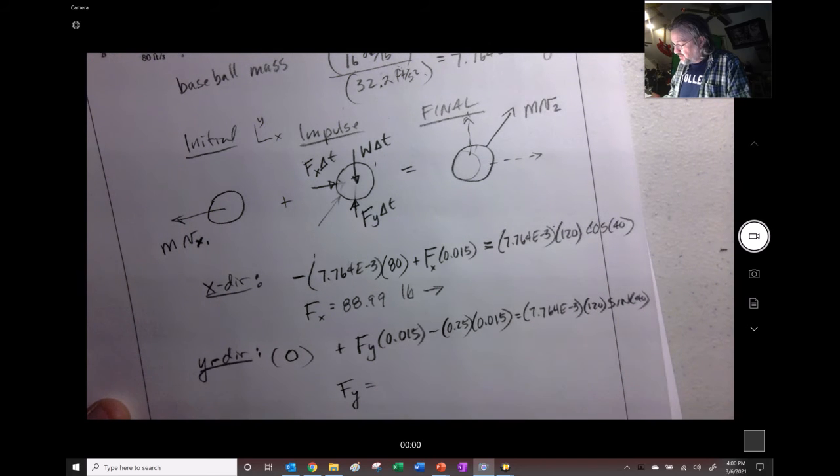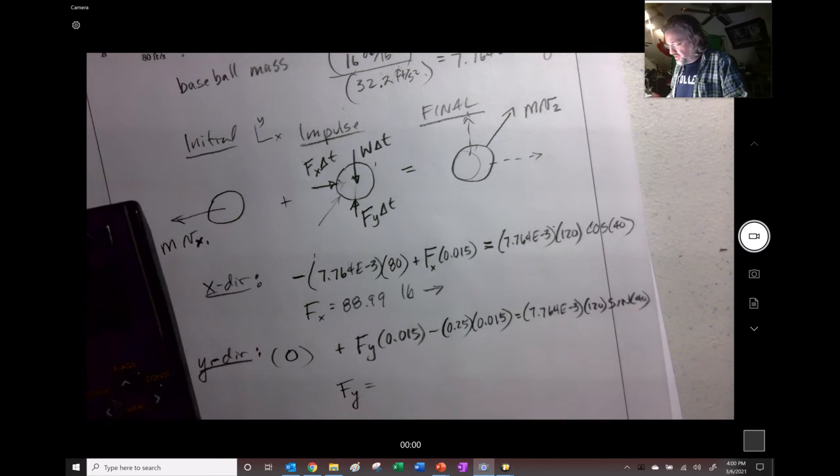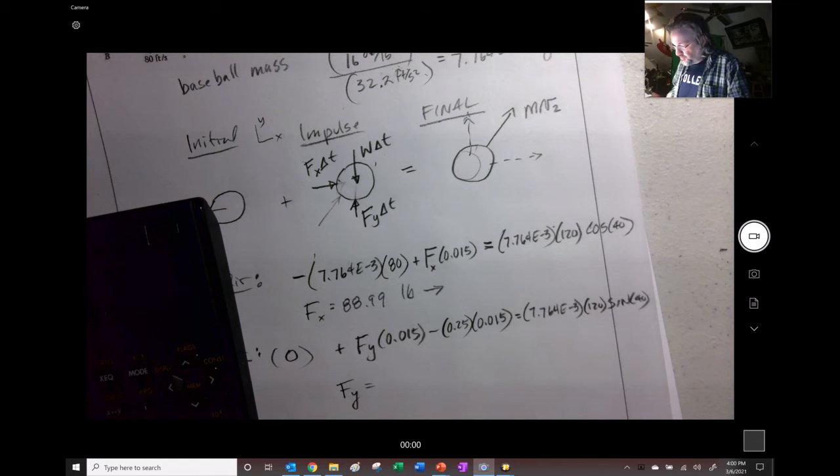My initial numbers say 39.92 if I neglect this, but let me go ahead and put those in there. 120 times sine 40, but let me subtract out the 0.25 times 0.015.